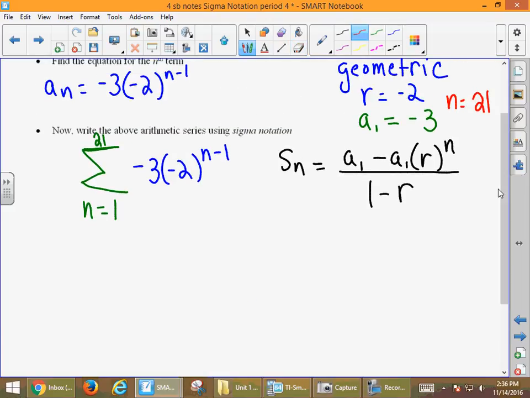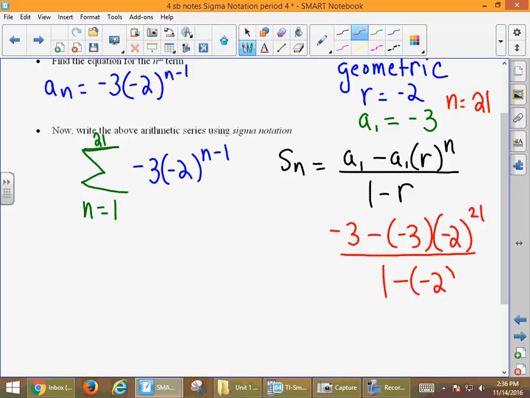Our a sub 1 is -3 minus -3 times -2 to the 21st, divided by 1 minus -2. I'm going to have to write over here to the left, but we can type this into our calculator now.